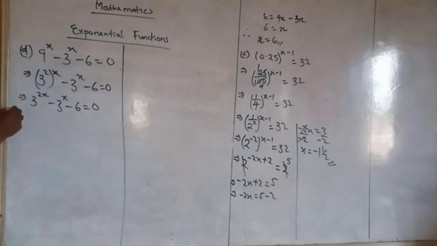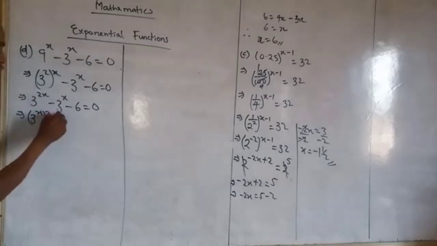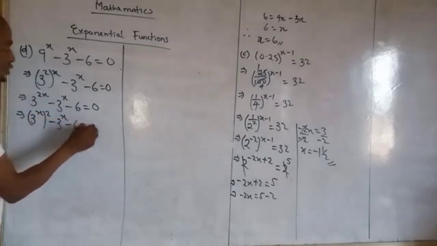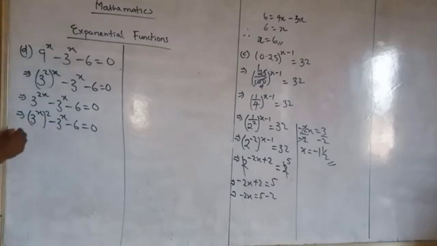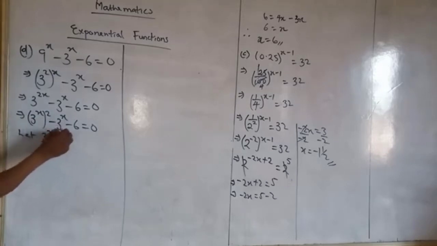So we can as well write 3 to the power of 2x as 3 to the power of x in brackets, then squared, since 2 multiplied by x will still give us 2x. Then minus 3 to the power of x minus 6 equals 0. So from here we say let 3 to the power of x equals p.